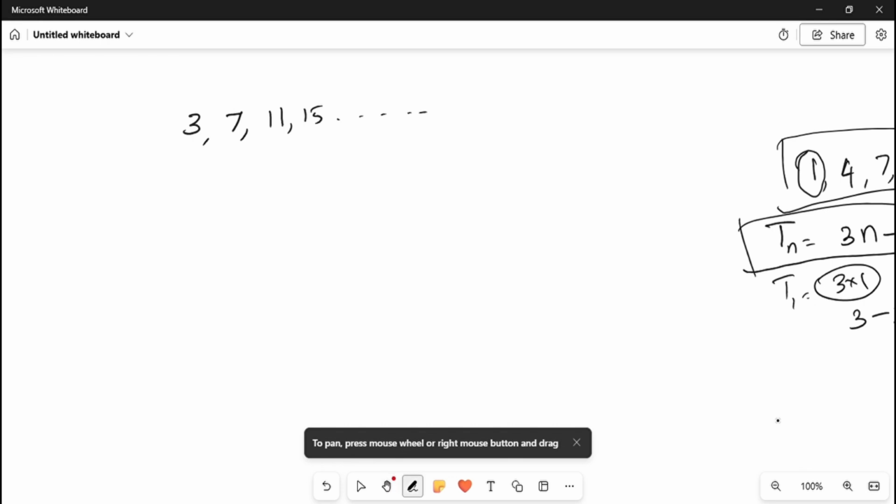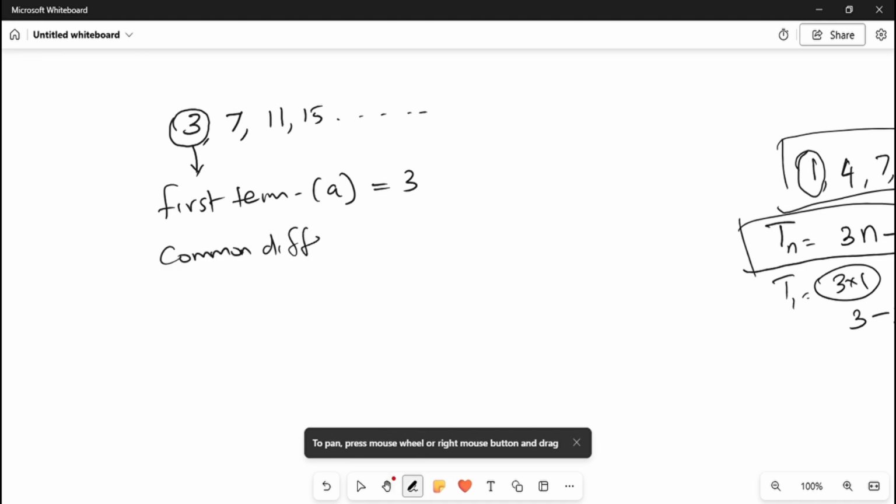The first term is called A, and A is 3. The common difference, by how much it is increasing, is called D. That is 4. So the first term is 3, the common difference is 4.